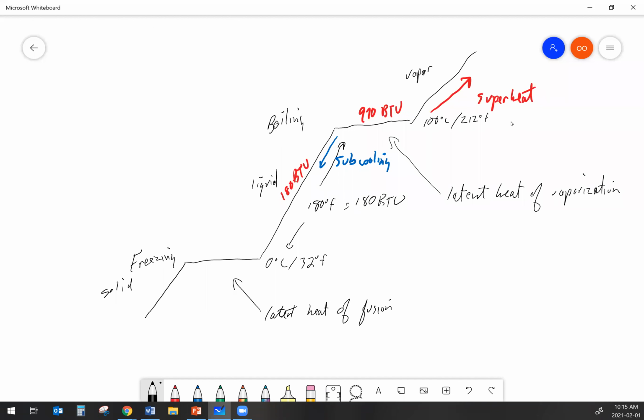And I think I'm right with my numbers here. I don't know for sure. I think it's 144 BTUs per pound to get across the line there. So you can see that going from a solid to a liquid, there's less latent heat there than going from a liquid to a vapor, but there still is some.